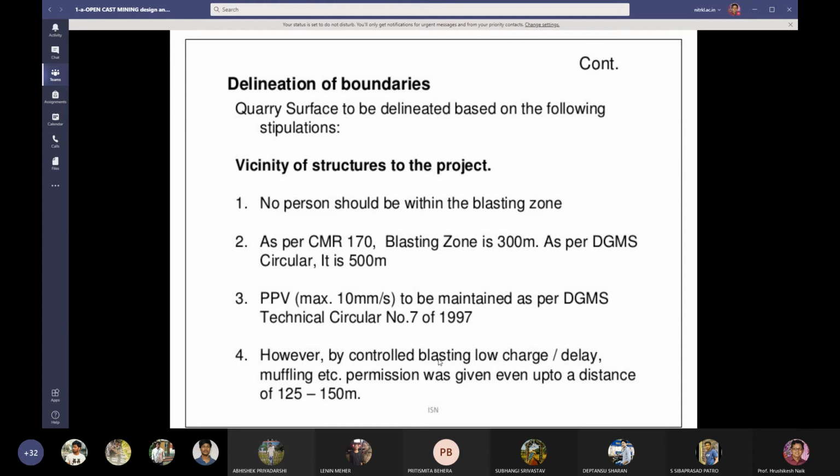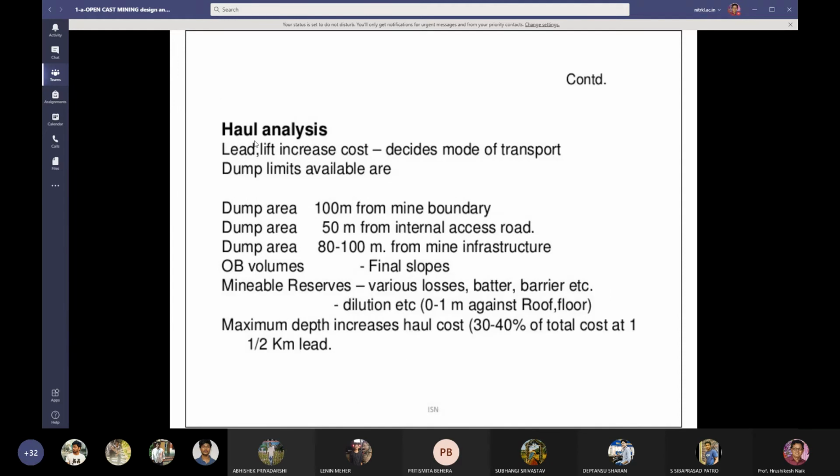However, by controlled blasting, low charge delay, muffling, etc., permission was given even up to a distance of 125 to 150 meters. Then you have to analyze the haul roads, haul analysis. What is the lead distance?